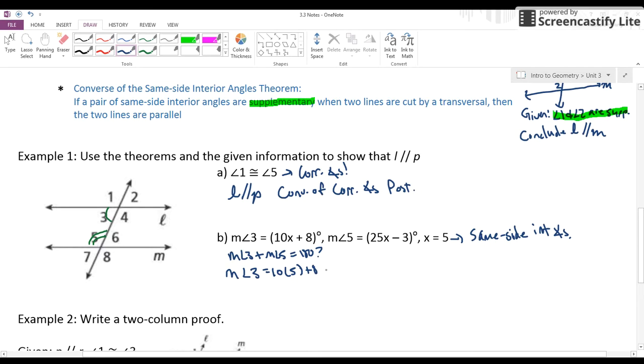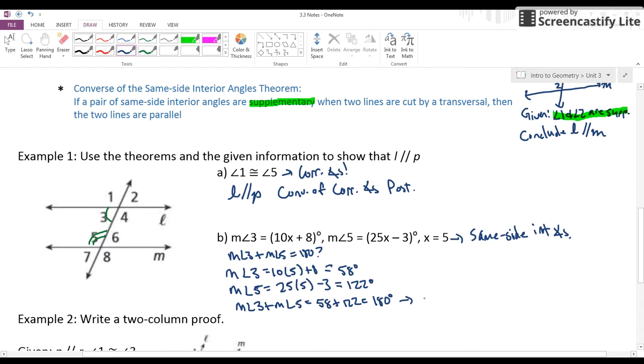We're going to figure out what happens when x is 5. So substitute in your values. 10 times 5 plus 8, that's going to give me 58 degrees. The measure of angle 5, 25 times 5 minus 3, so that's going to give me 122 degrees. So what happens when I add measure of angle 3 plus measure of angle 5? It's going to be 58 plus 122, which is 180 degrees.